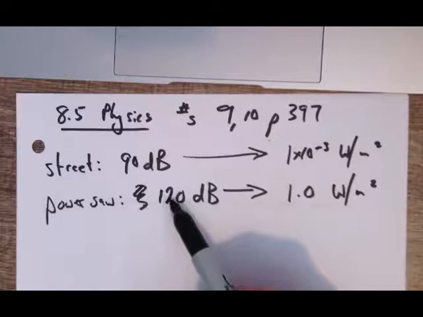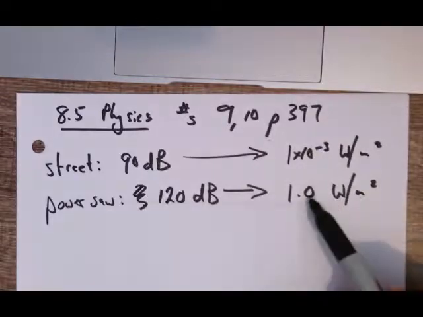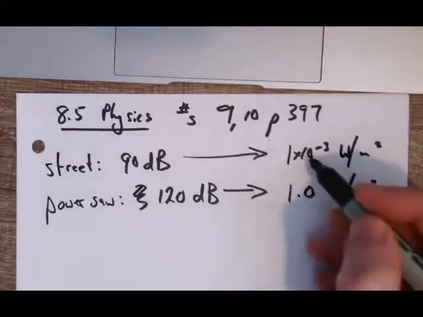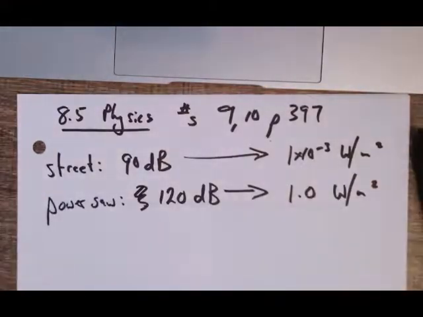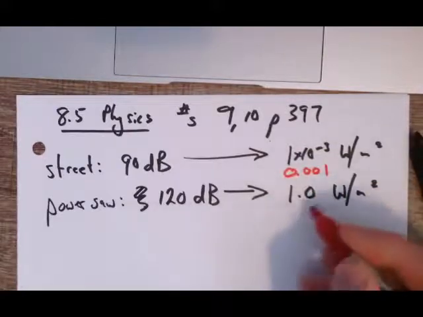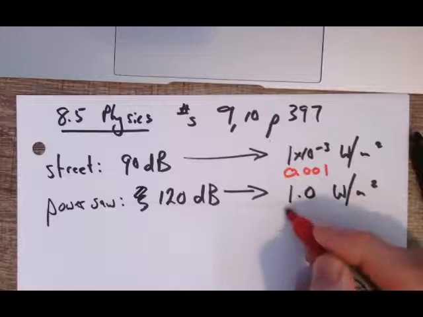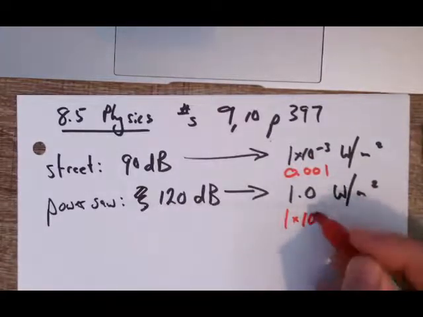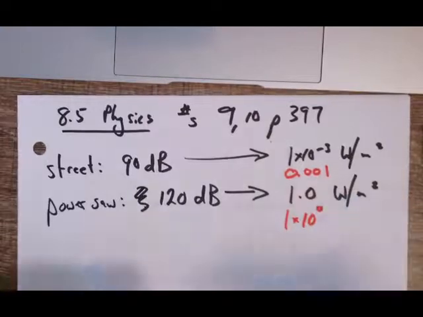You add 30 here, you multiply by 1,000. That's 3 decimal places. Like this as a number is 0.001, as scientific notation, 1 times 10 to the 0.